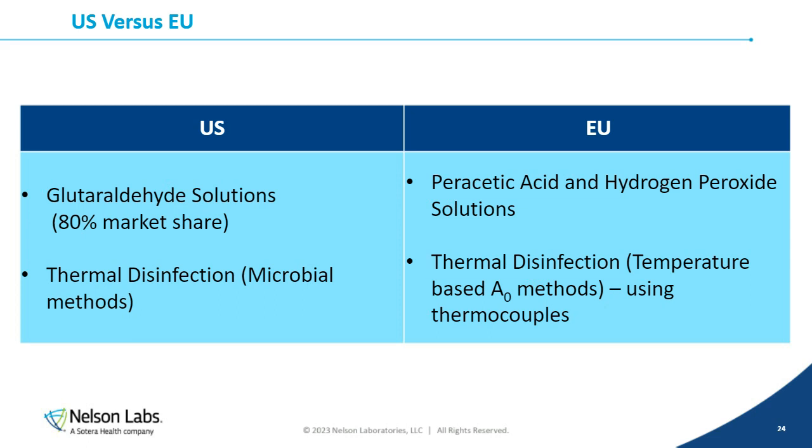Whereas outside the US, we see that they prefer more peracetic acid and hydrogen peroxide solutions. So what that means for your disinfection validation is if you're looking to market in each region, you're going to be doing maybe more than one disinfection validation based on where you're marketing and what disinfectant you're using.